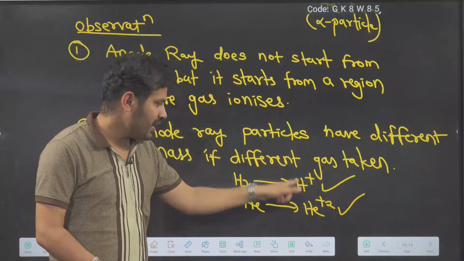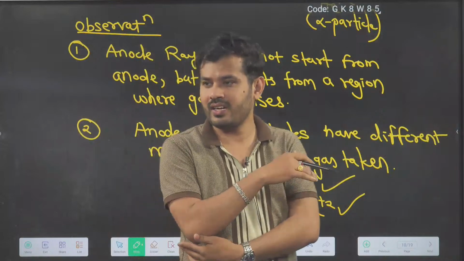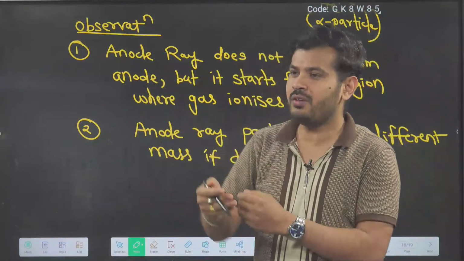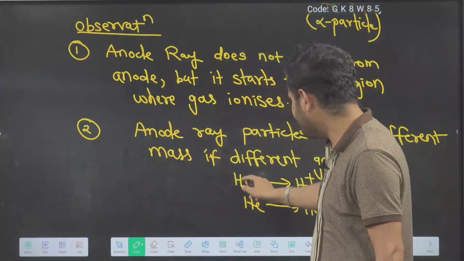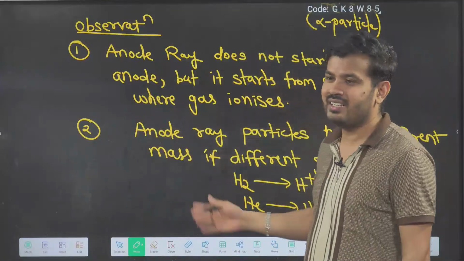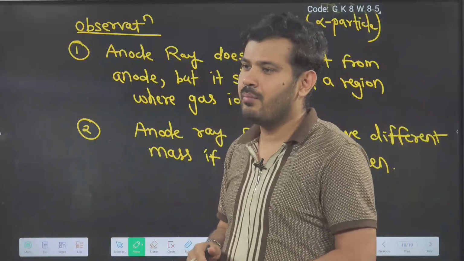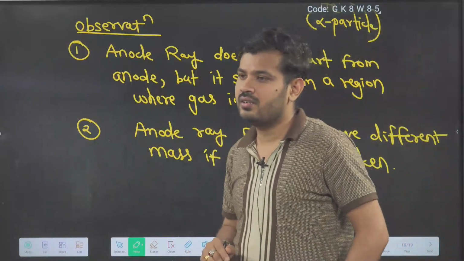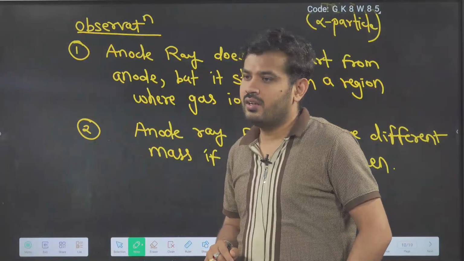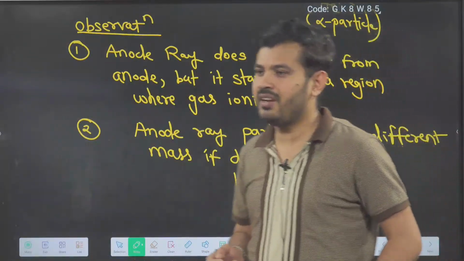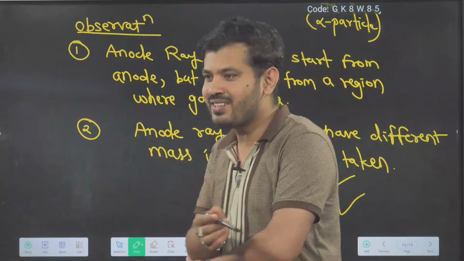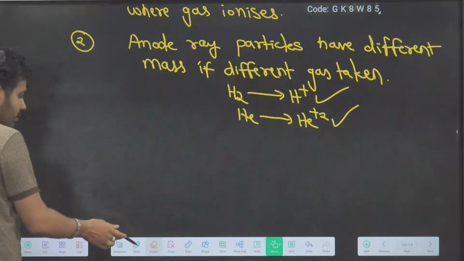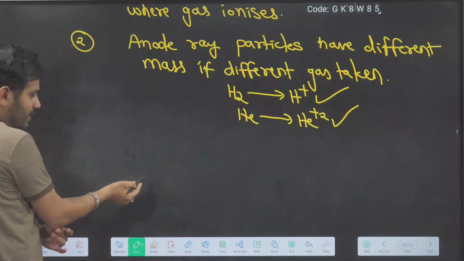Do you think these particles are coming from the metal, that is, from the anode? Anode means it is a metal plate. The metal is not going to give positive charged species. The gas is dissociating and giving this, and gas is not present inside the metal, right? Anyway, we will discuss this, but please pay attention over here because I am going to ask questions in between and in the next class as well.